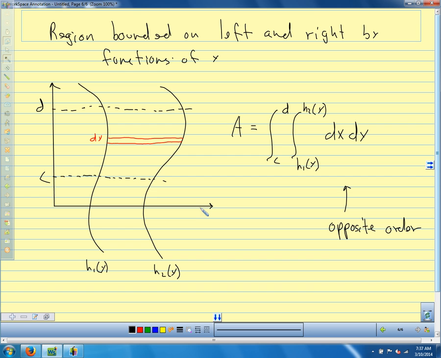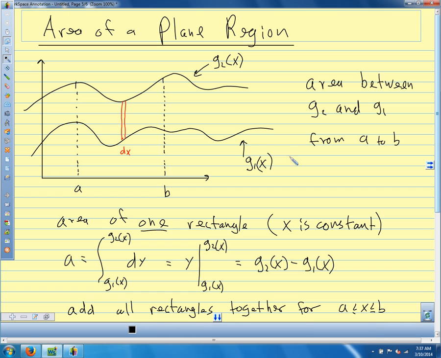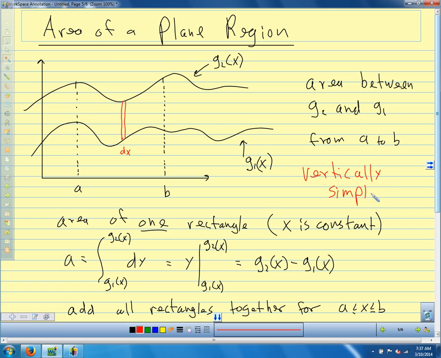We have our function set up this way. And in the first case, where we set our little red rectangle as a vertical rectangle, we call this kind of region vertically simple. I'm just going to write that here in red. This is a vertically simple region. So when we draw representative rectangles vertically, we call it a vertically simple region.